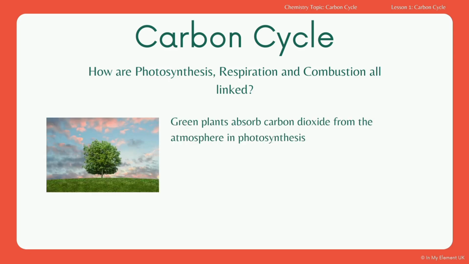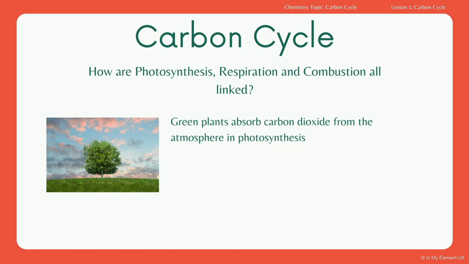So, green plants will absorb carbon dioxide from the atmosphere, and this takes place during photosynthesis. Carbon dioxide is absorbed and it reacts with water and light and chlorophyll. This also takes place in algae, and the products from the reaction of photosynthesis are oxygen and glucose.